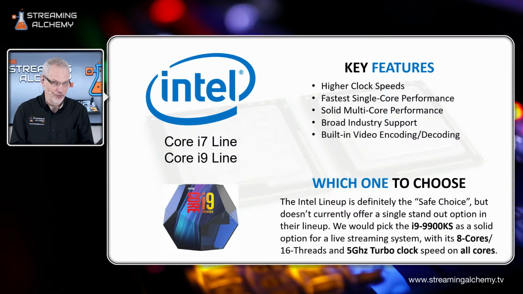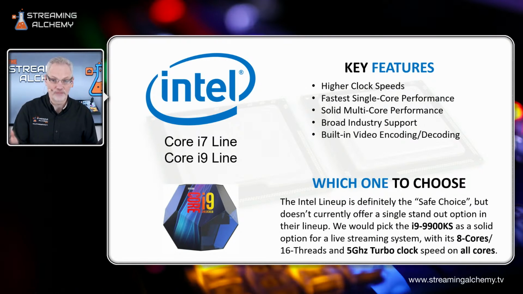The thing that the KS has is that it's an 8-core chip where all 8 cores operate at the 5 gigahertz boost clock simultaneously. So under very heavy loads in these types of multi-threaded environments, you can do very well with performance using this chip.